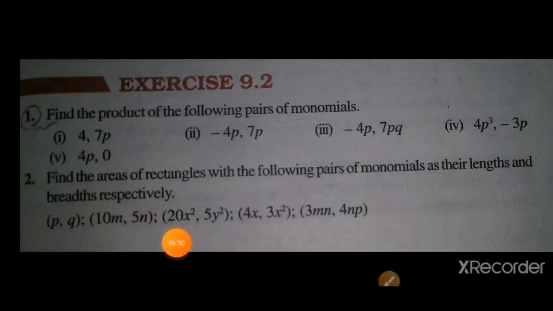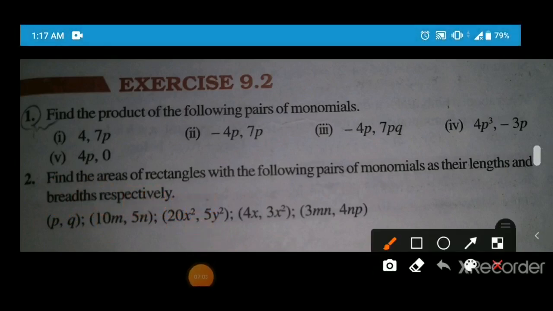Now the next part, 10x square and 5y square. 10x square is the length and 5y square is the breadth. And we are going to calculate the area of the rectangle. So first we write given: length equal to 20x square and breadth equal to 5y square.